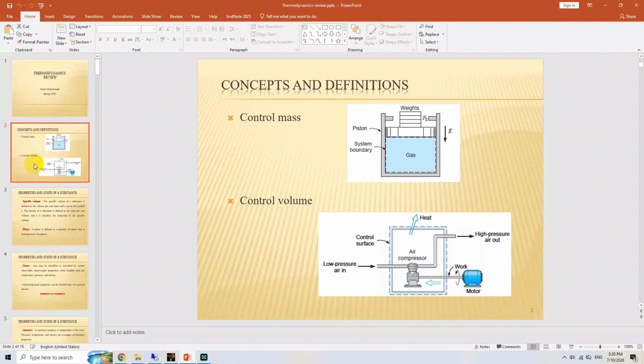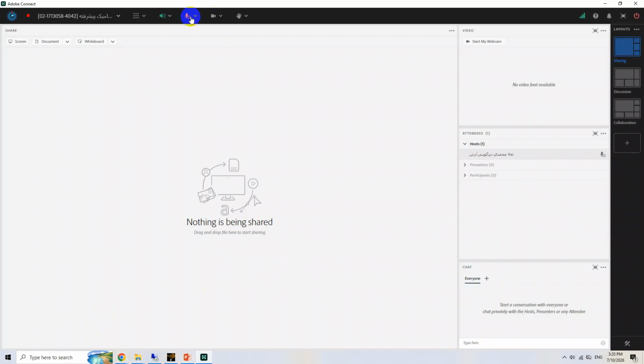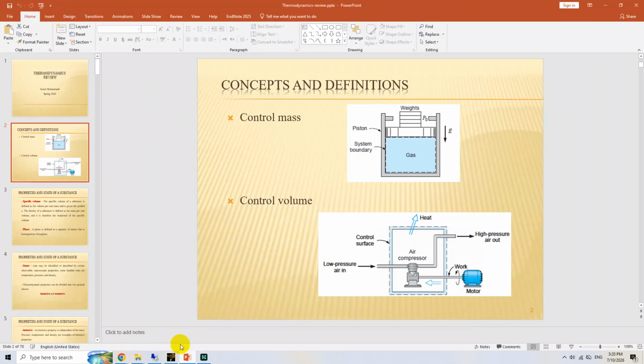In the control volume, inlet and outlet of mass exists in the system. If you see in the picture, we have a compressor.